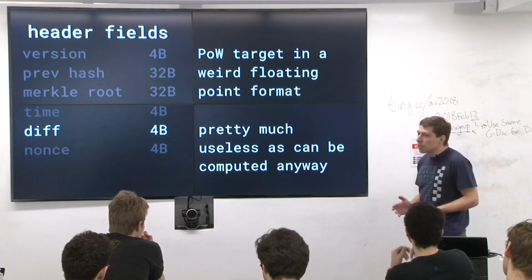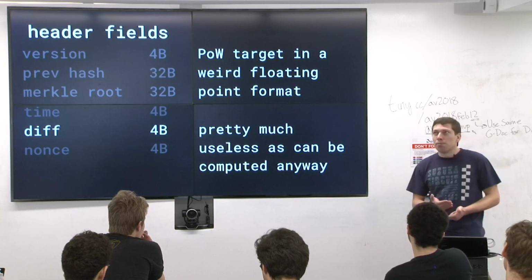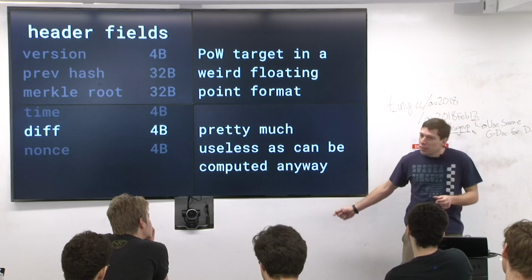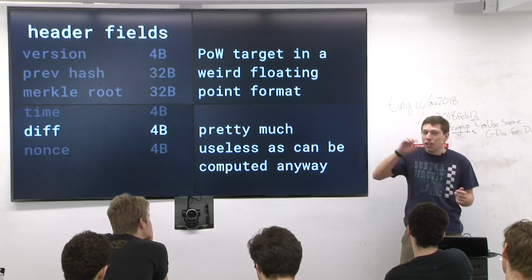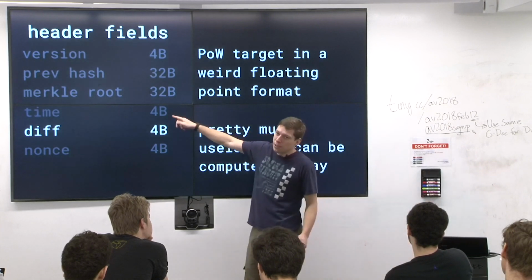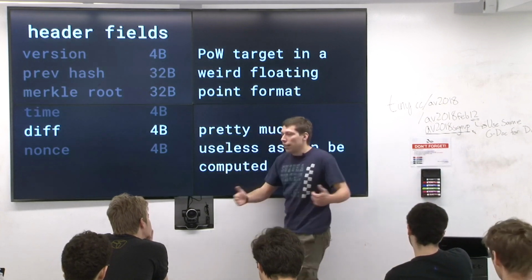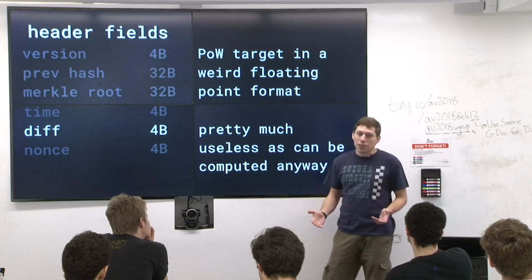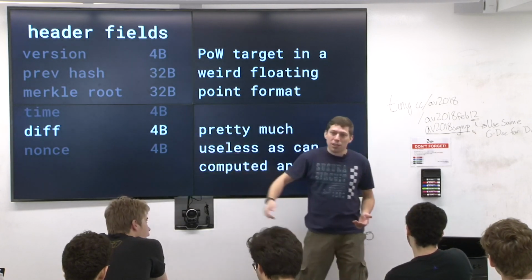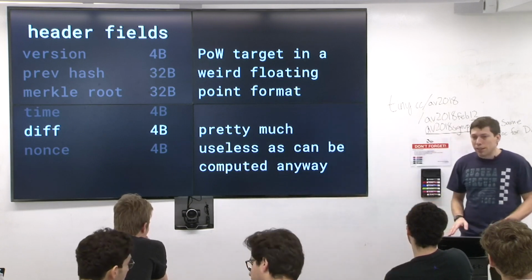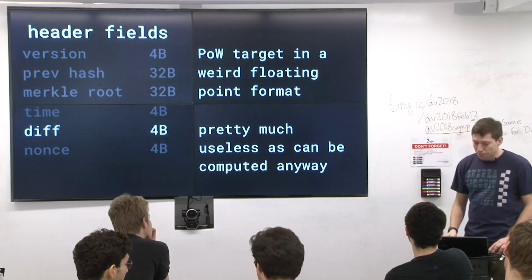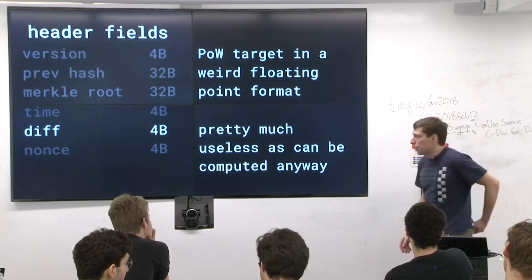So you basically in the code just say, if height modulo 2016 is equal to 0, check height minus 2016's block, compare the two timestamps, subtract them, get a duration, and then compare that duration to 2 weeks, and then change the difficulty proportionally. So it's super quick for everyone to compute the new difficulty, and they only do it once every 2 weeks. And it's pretty straightforward.